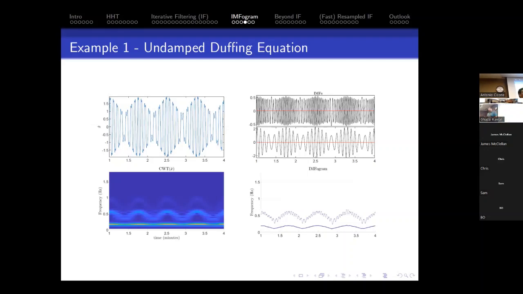Somehow it is what you do with the short time Fourier transform, right? You window. But the windowing we are doing is not on the original data, but on these instantaneous frequency and instantaneous amplitude plots. So the size of the window does have to be chosen extremely carefully, right?